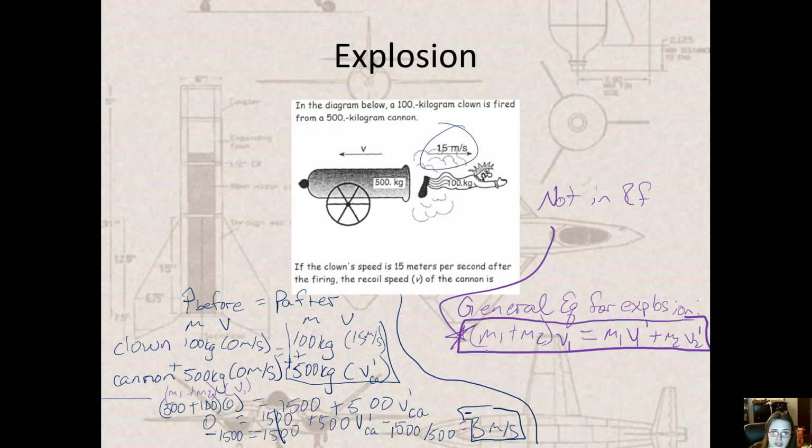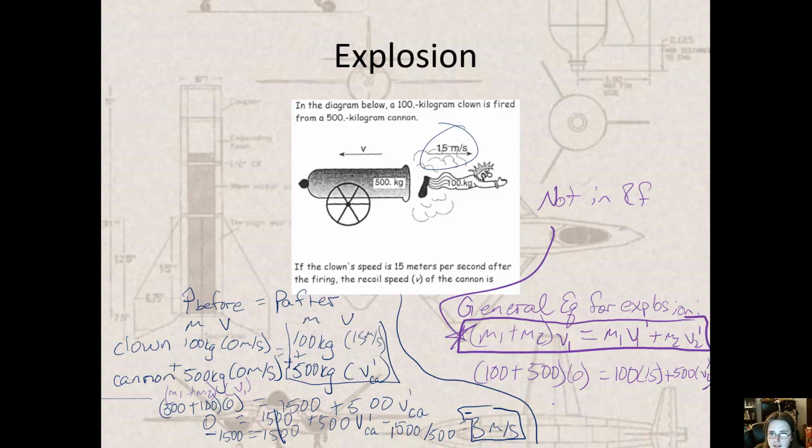So anyway, we can plug in. It's 100 plus 500. This happens to be 0 this time, and that's equal to 100 times 15 plus 500 times V2 prime.